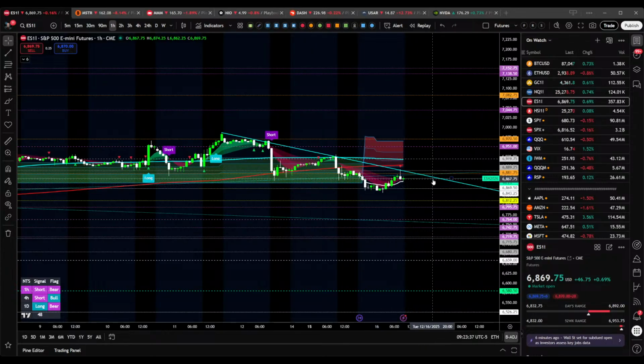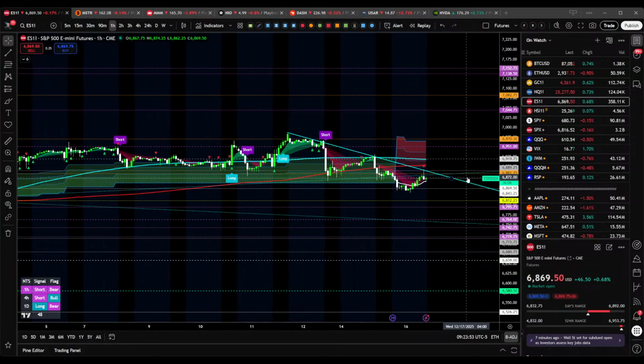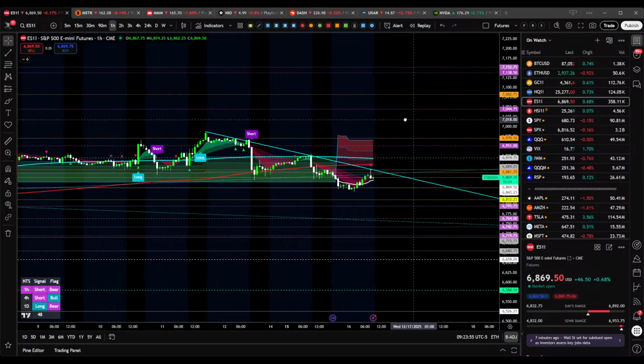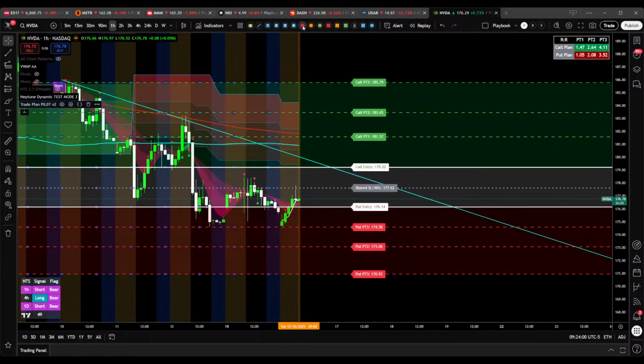Maybe we'll build up an inverse head and shoulders here in the near future. But so far, things are leaning to the bearish side, especially if we lose 68.12 as support here on ES. So that's a quick take on the markets.